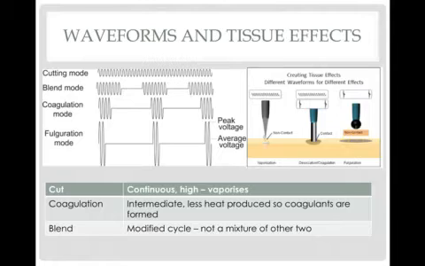with the tissue. If you want to achieve a little bit of coagulation and a little bit of cutting, then you might want to consider using the cutting mode but in contact with the tissue. On the other hand, if you want to achieve coagulation, you need to, of course, use the coagulation waveform, but that is a contact waveform.